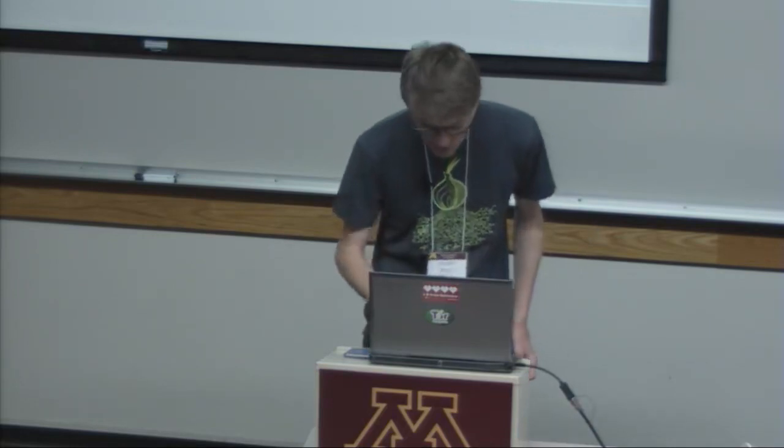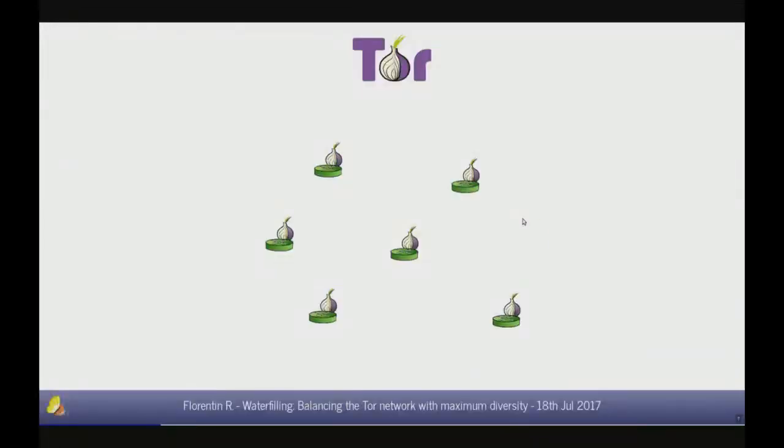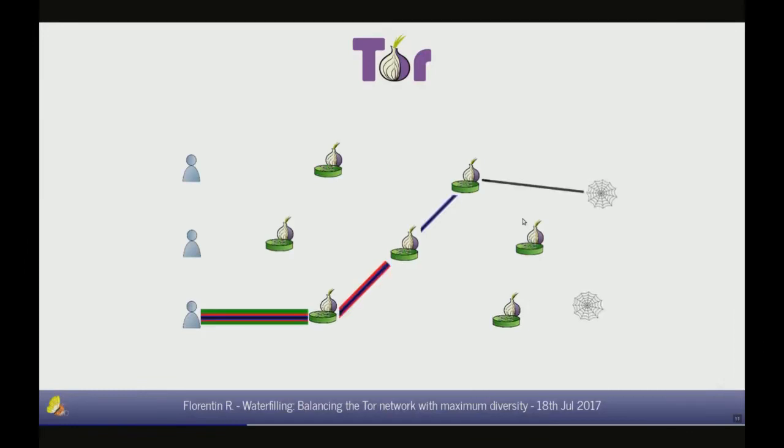I'm Florentin, and I'm going to present Waterfilling, which is a path selection design that tries to improve the situation regarding end-to-end correlation. So I will quickly show an overview of both concepts, namely path selection and end-to-end correlation.